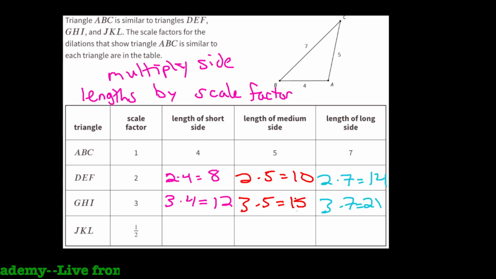Again, notice how since our scale factors of 2 and 3 are larger than 1, we know our new shape is going to be larger. So if I was to draw that out, notice how the side lengths are larger than the original. However, if your scale factor is less than 1, for example a scale factor of 1/2, we should have side lengths that are less than the original.